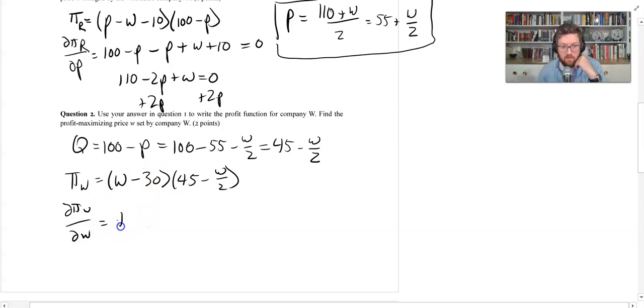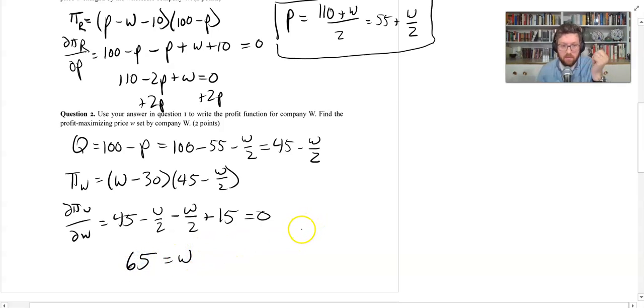Derivative of that is 1, so 45 minus W over 2. The derivative of the second term is negative 1/2, so we get minus W over 2 plus W plus 1/2 of 30, which is 15. So that tells us this is all equal to 0, and we end up with 60 equals W.